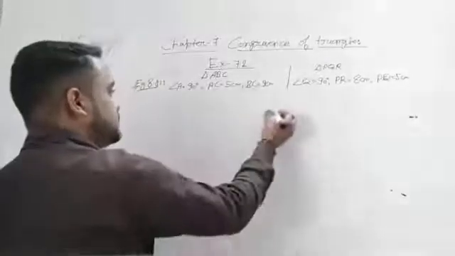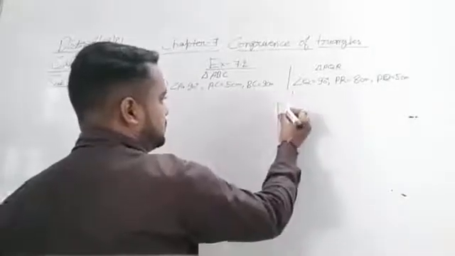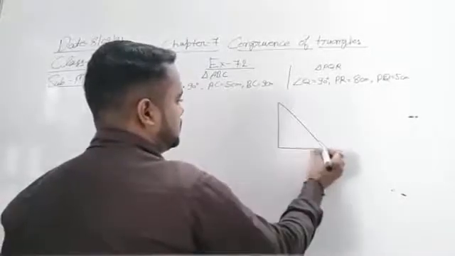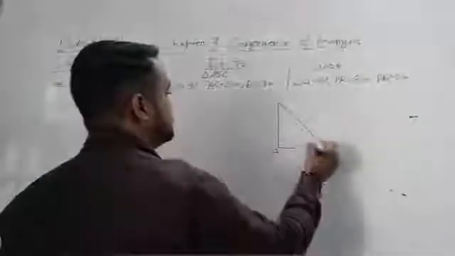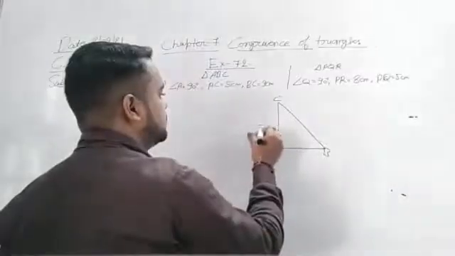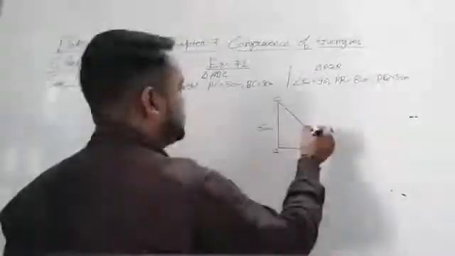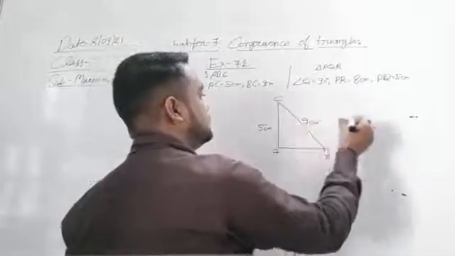So let's make a figure of these two triangles. Triangle ABC: AC is of 5 centimeter, and the hypotenuse, side BC, is of 9 centimeter.